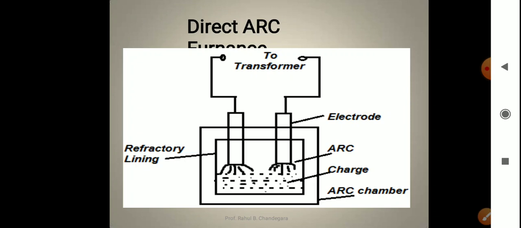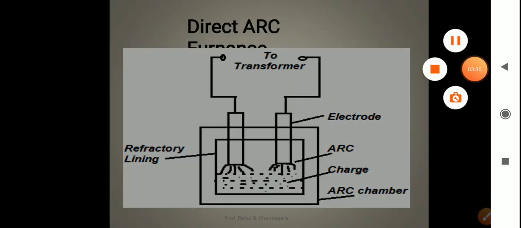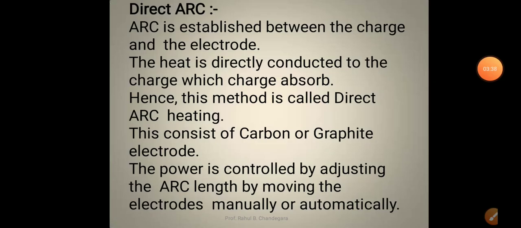This is the arc chamber. The charge is in the form of powder or solid. The direct arc is established between the charge and the electrode. As we see in the figure, the heat is directly conducted to the charge, which the charge absorbs. Hence this method is called direct arc heating.